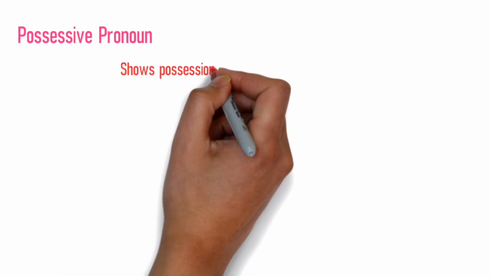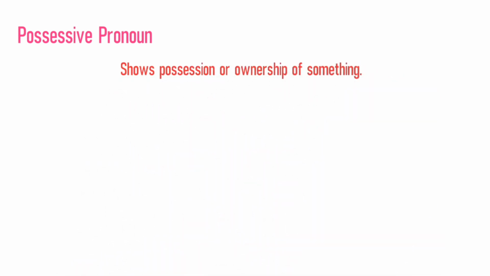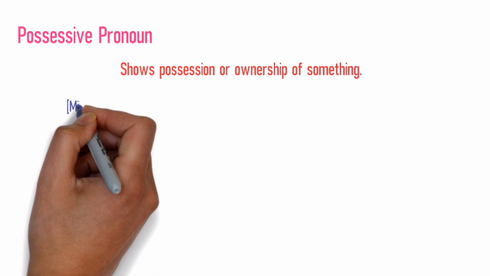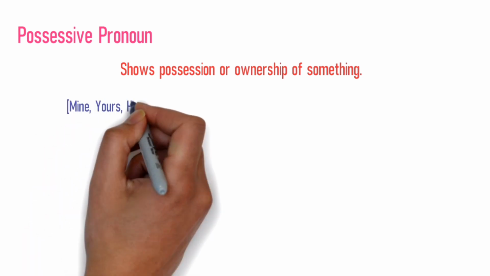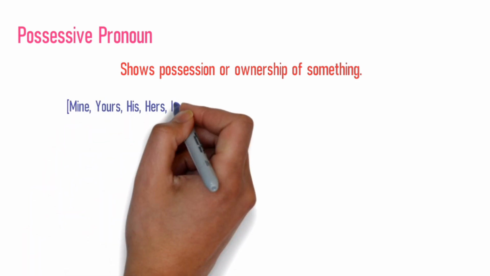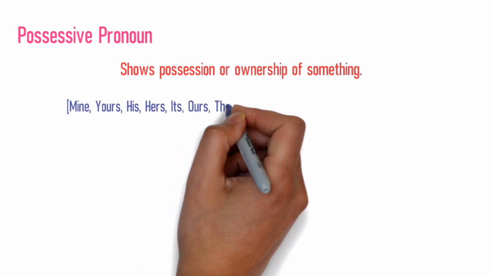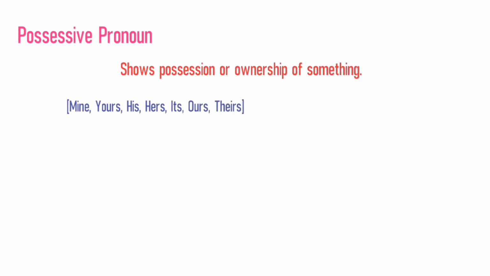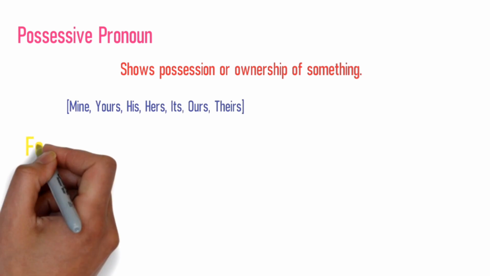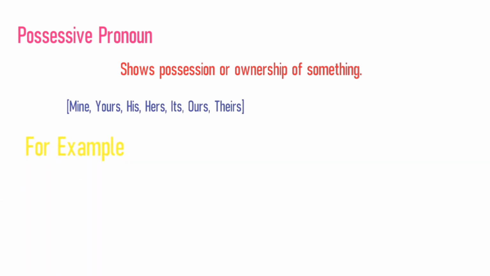Possessive pronouns. Possessive pronouns show the possession or ownership of something. It includes mine, yours, his, hers, its, ours, and theirs. Let's have a look at some sentence examples to understand them correctly.